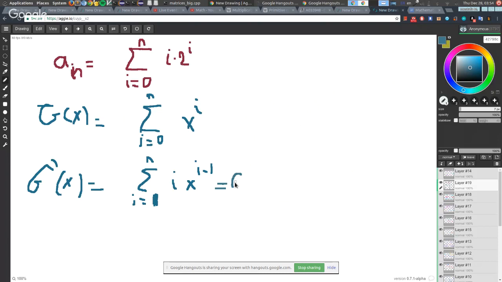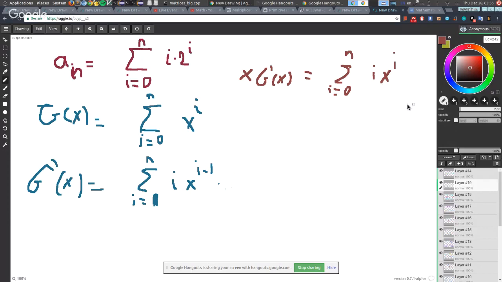So this leads to the following conclusion. If we multiply x times g dash of x, we get the summation of i times x to the power i for i up to n.